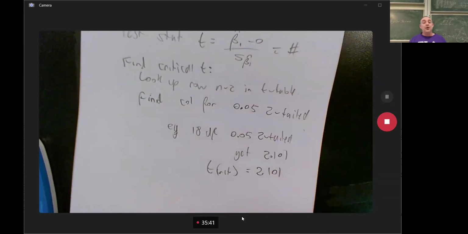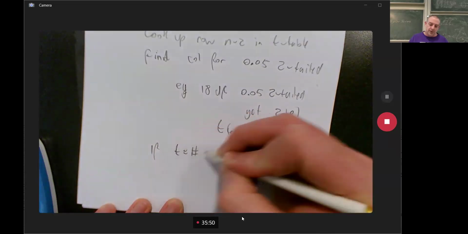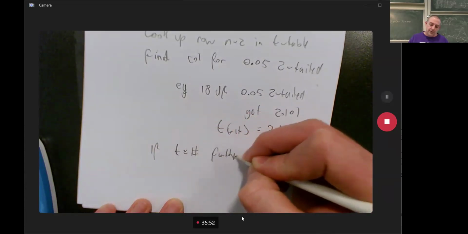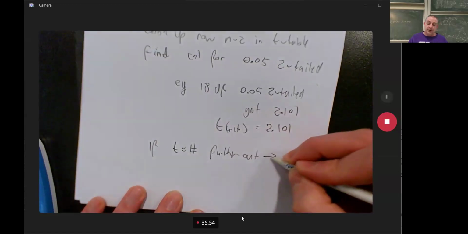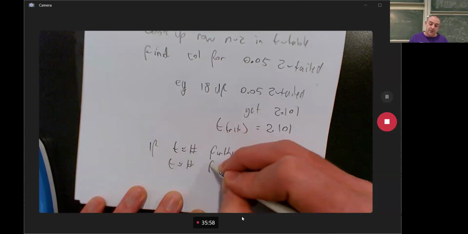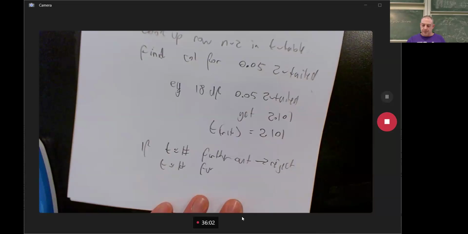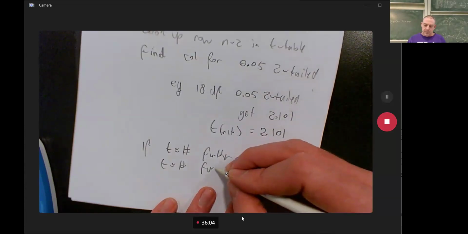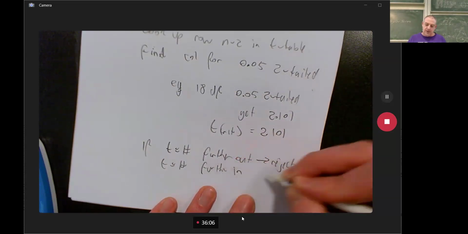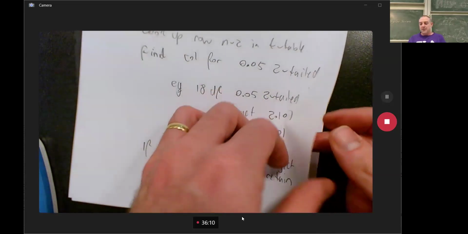If your t is further out from 0 compared to the t critical, then it's in the rejection region and you reject. If your t is further in, then retain.